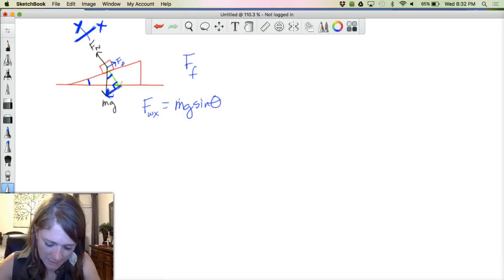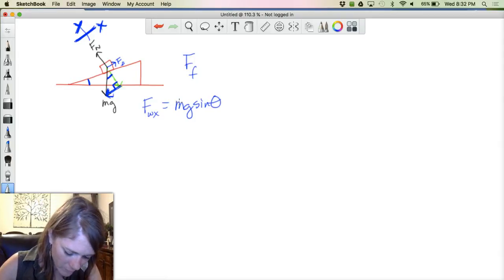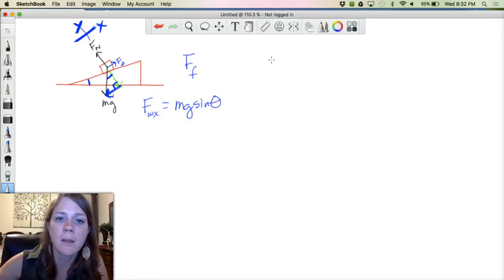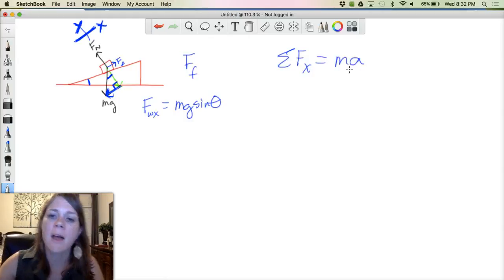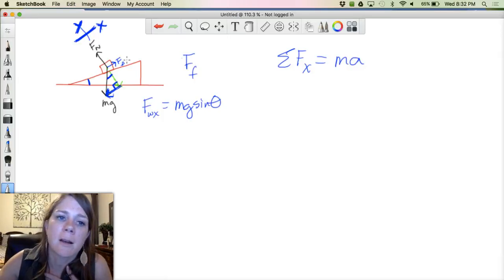It does say that the box is accelerating at 2 meters per second squared. So when I do the summation of the forces in the x direction, and that equals ma, I'm going to keep this a over here because the box is accelerating down. If the box was sliding down at a constant velocity, this side would become 0.